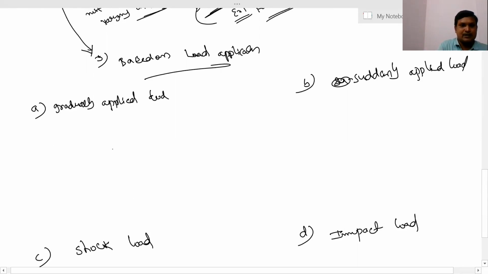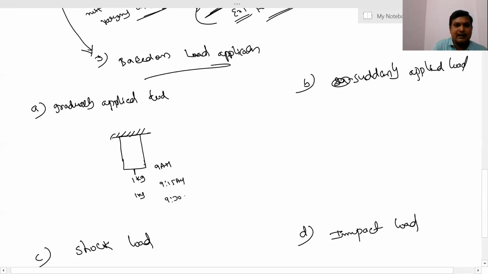I'm taking a member like this, initially constrained. I'm taking a tie bar. At 9 am, I apply a 1 kg load. At 9:15 am, again I apply a 1 kg load. At 9:30 am, I apply another 1 kg load.